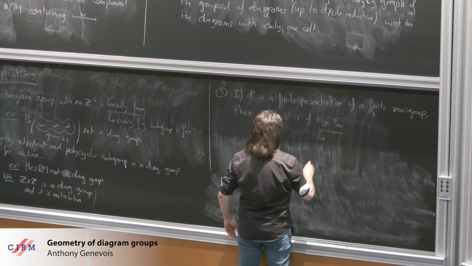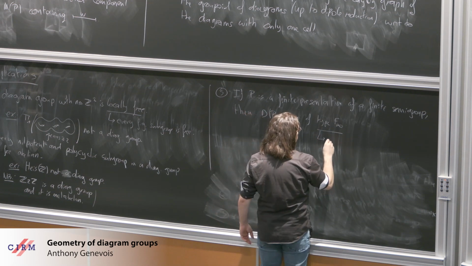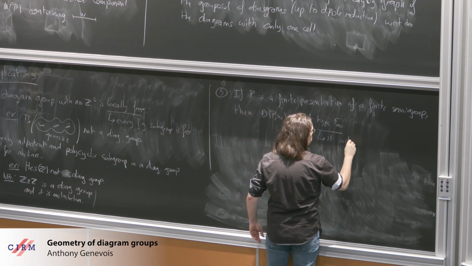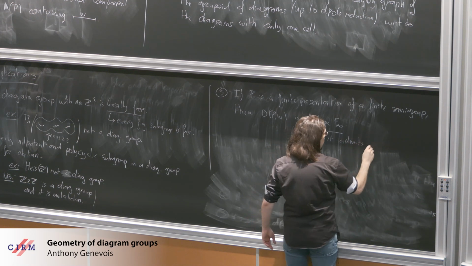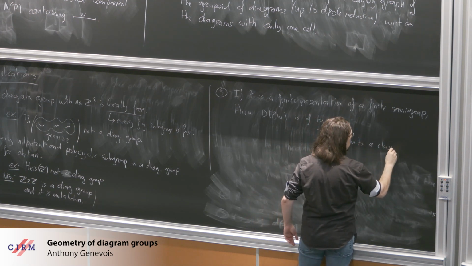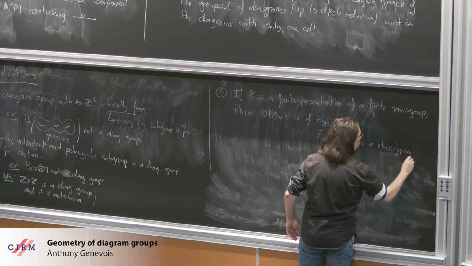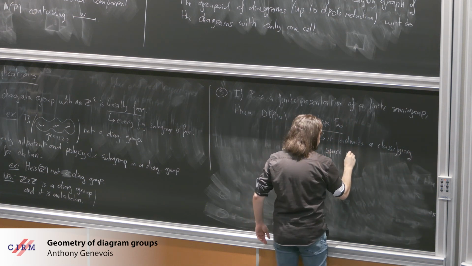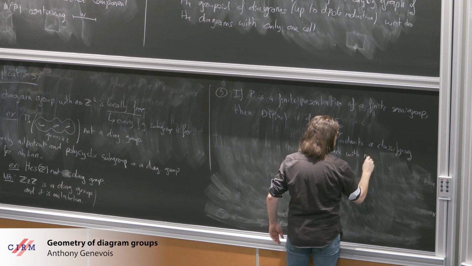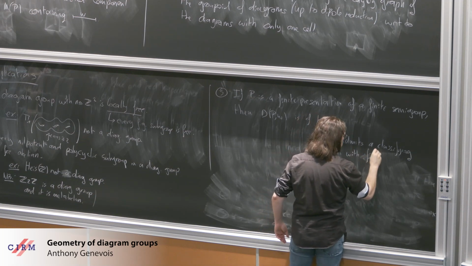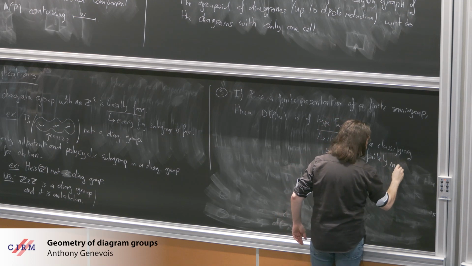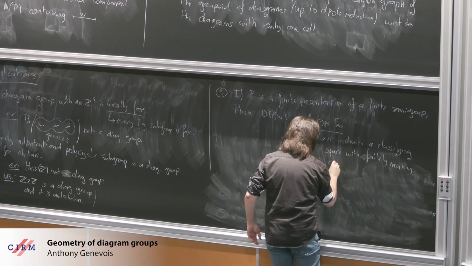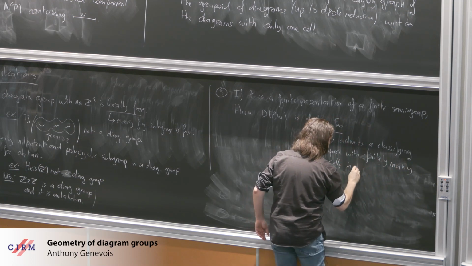So what does it mean? It means that it admits a classifying space with finitely many cells in each dimension.